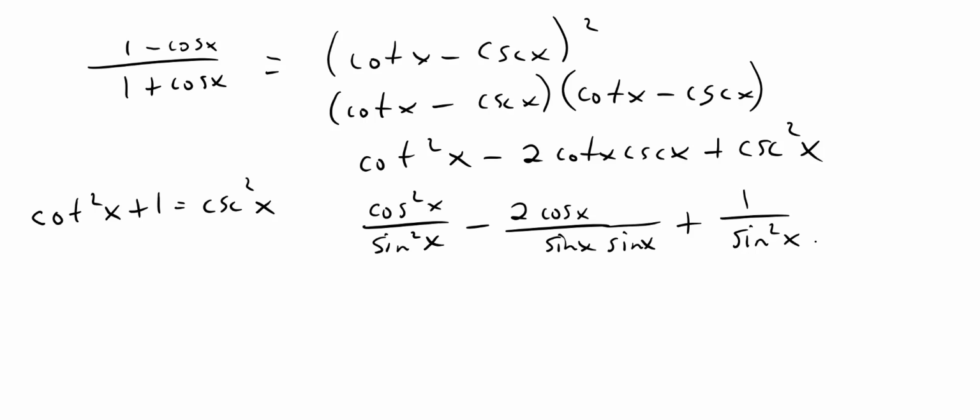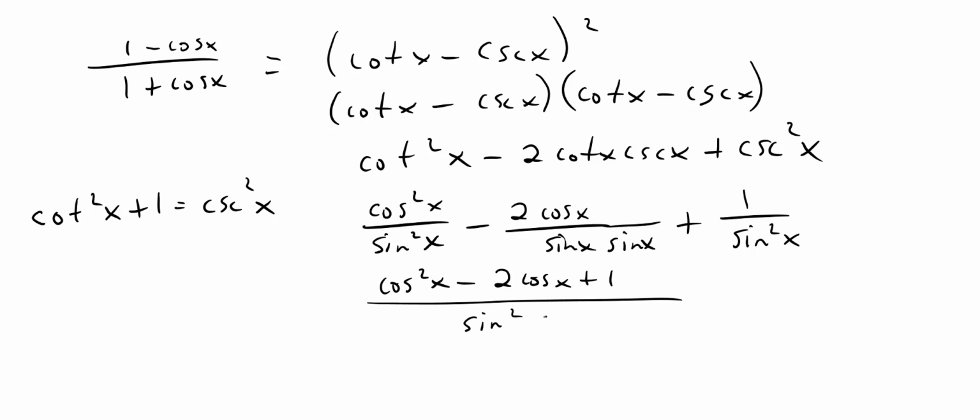My common denominator is, oh, I have a common denominator here. So it's cosine squared of x minus 2 cosine of x plus 1 over sine squared of x. So they're all sine squared of x. Okay, that's kind of nice. Yeah, maybe it's going to work out okay. Well, we'll see.